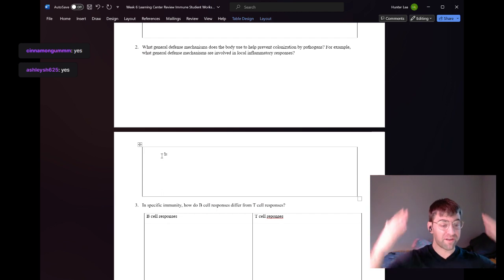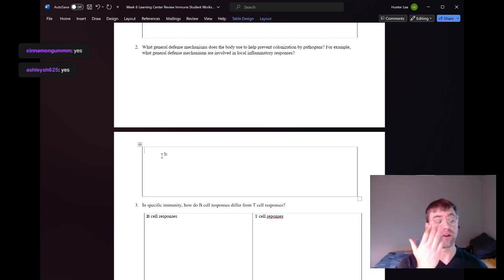So let's think first line of defense. Our skin is a protective organ, right? Mucous membranes in the nose and the mouth act as physical barriers to the entry of pathogens.